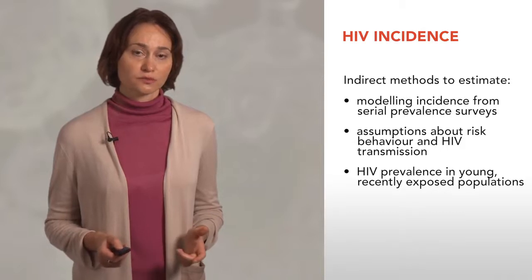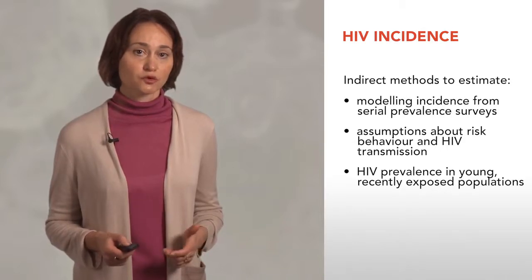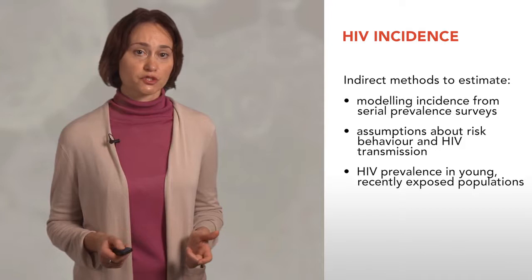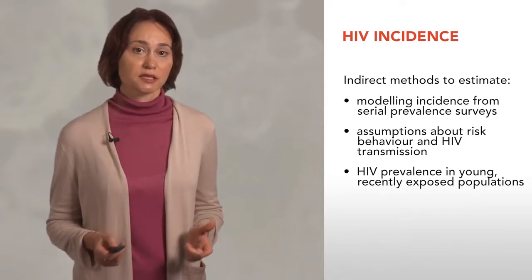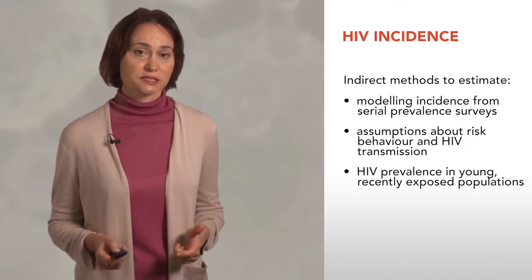This method assumes that in populations in whom the time since first exposure to HIV infection is short, trends in prevalence approximate trends in incidence. For example, trends in the prevalence of HIV in injecting drug users aged 15 to 24 can be used to approximate trends in incidence in the broader population of people who inject drugs.